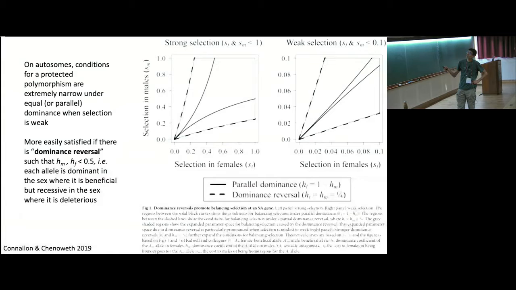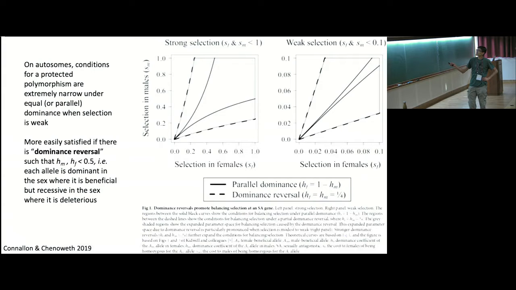where if you have equal dominance, the range of selection coefficients where you can maintain the polymorphism is much narrower than if you have this so-called dominance reversal, where the allele that is bad for females is recessive in females, but the allele that's bad in males, the other allele, is recessive in males.